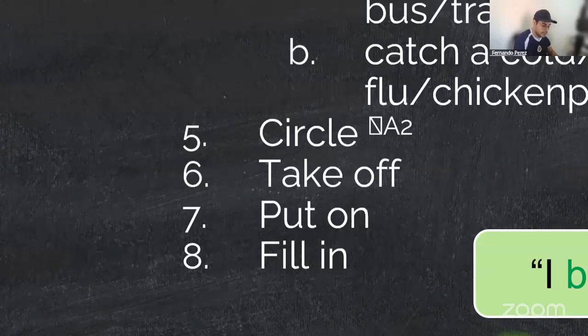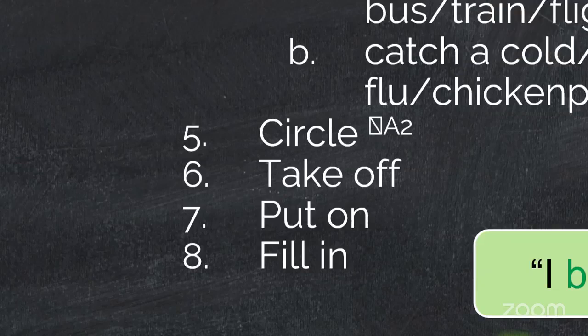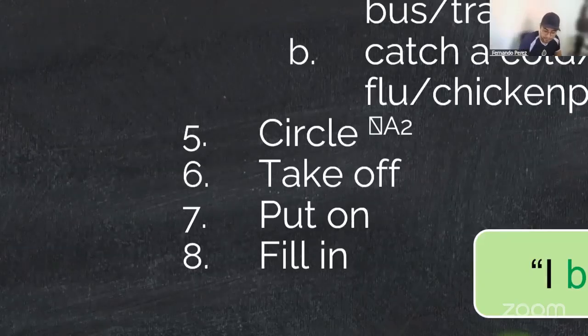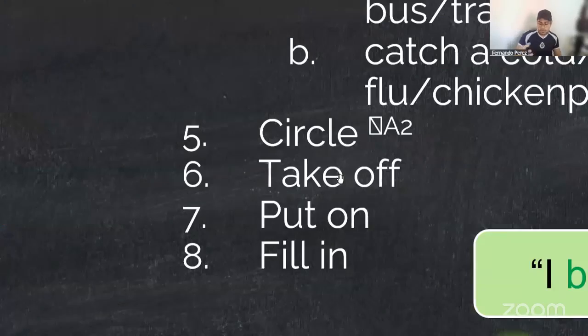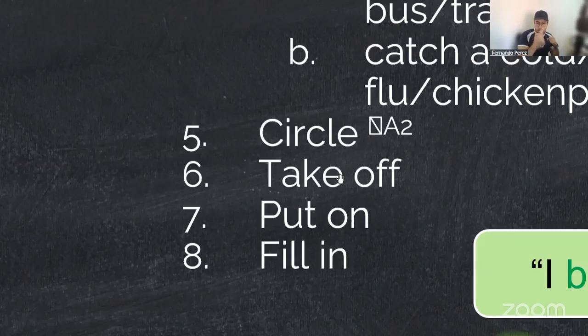Do you know what a phrasal verb is? Verbos compuestos, phrasal verbs. And phrasal verbs are two words in only one verb. Take off is together, put on is together, fill in is together. Okay?